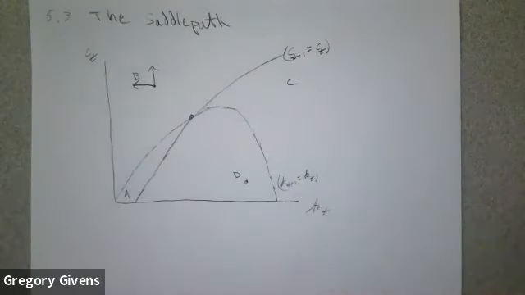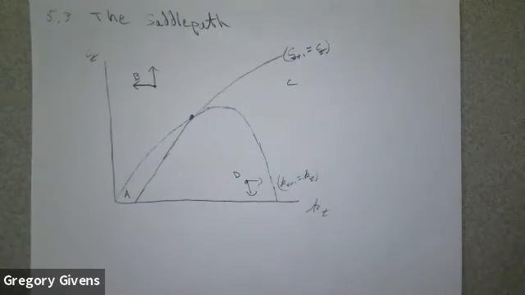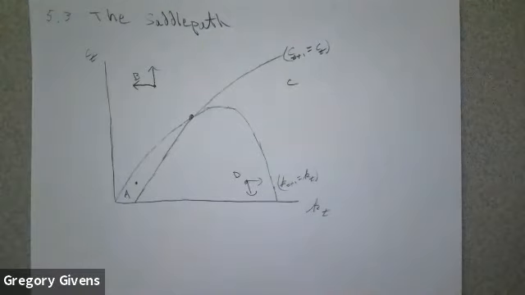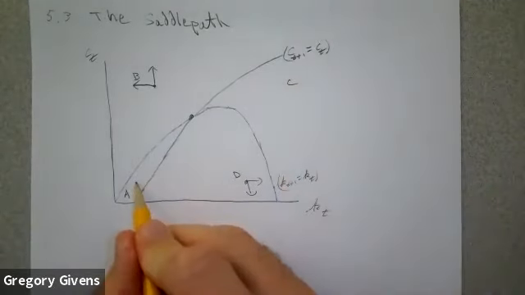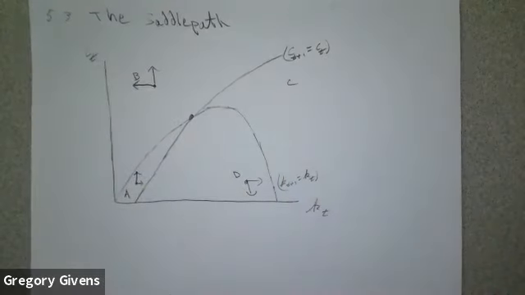Any point in region D is one where consumption is falling, but capital is rising. So if you find yourself in region D, you're moving southeast. All points in region A, however, are below the K locus, but above the C locus, in which consumption is rising and so is capital.